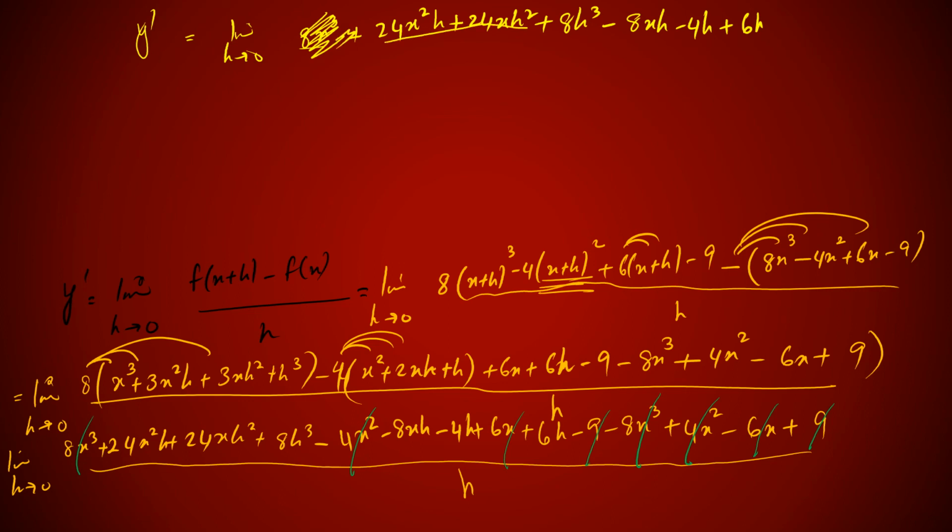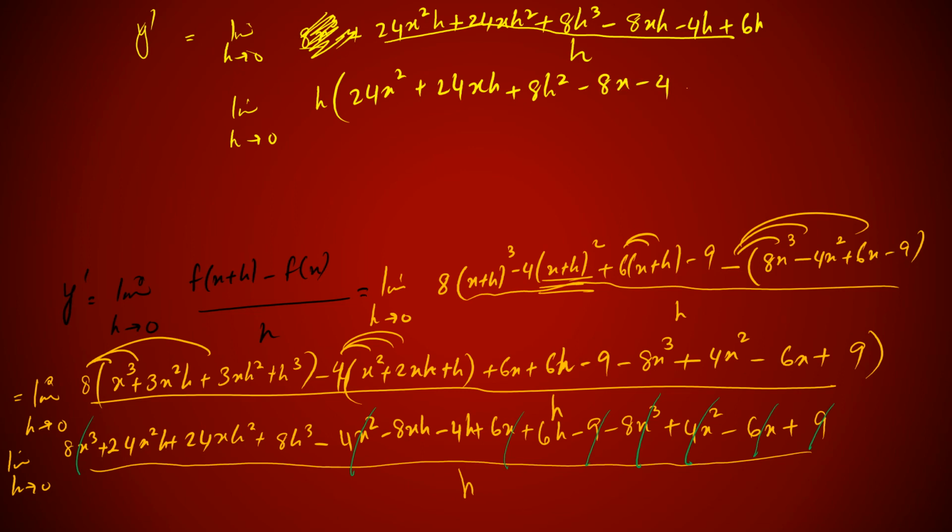Now take the h common. When we take the h common, we have 24x square plus 24xh plus 8h square minus 8x minus 4 plus 6 left, over h.